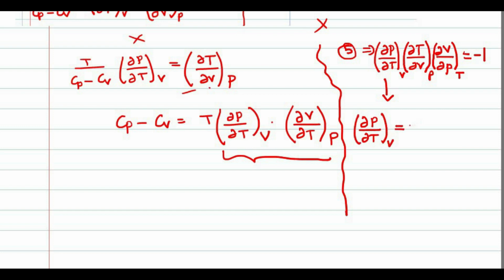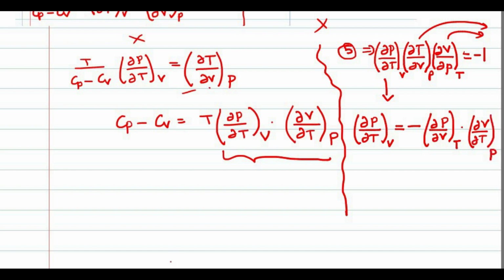This is equal to minus dou P by dou V at constant temperature. So this will be going here and this will be going here into dou V by dou T at constant pressure.